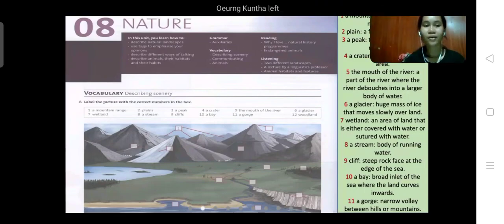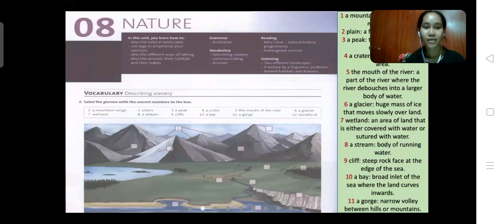And so, in this unit, we will learn how to describe nature, raw landscapes, use tags to emphasize your opinions, describe different ways of talking, describe animals, their habitats and their habits, and about auxiliaries in the grammar sections and about the vocabulary.